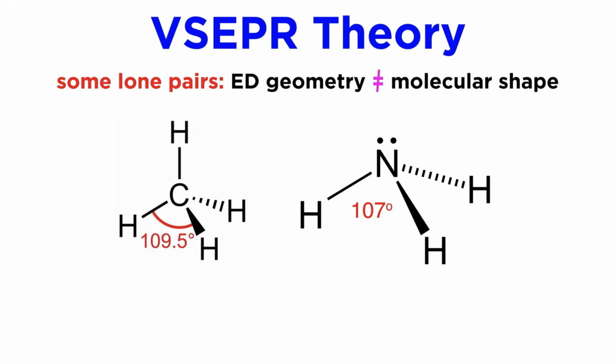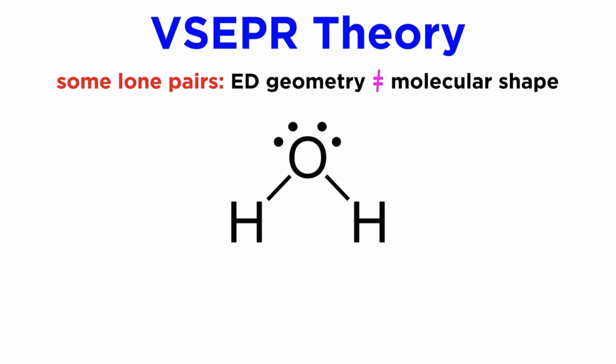Let's compare methane and ammonia in order to see that there are similarities in the orientation, as they have similar bond angles, although with ammonia they contract slightly due to the additional repulsion offered by the lone pair. But they certainly have different shapes because of the differing numbers of atoms. We could do the same for a water molecule, which has 2 bonds and 2 lone pairs around the central atom.